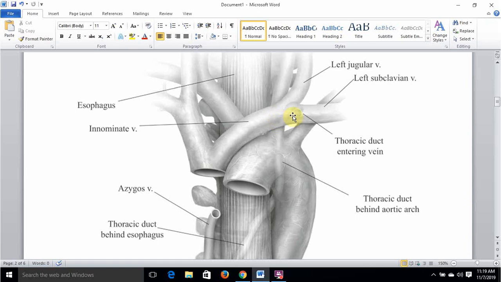As you can see, this is black, this is blurry, this is see-through because the left internal jugular vein and the left common carotid are actually in front of it. Over here you can see this is the left common carotid coming up, and it's not behind the arch of the aorta at this level, rather it is behind the left common carotid, and at this level it is behind the left internal jugular vein. It is also behind the left vagus, which is in the vicinity of this part.